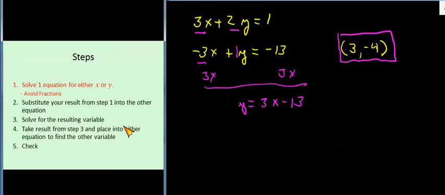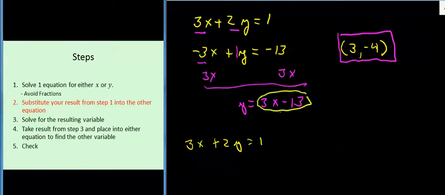Step 2, I substitute this result into my other equation. The other equation is 3x plus 2y equals 1. This gets substituted in for y, and I end up with 3x plus 2 times 3x minus 13 is equal to 1.